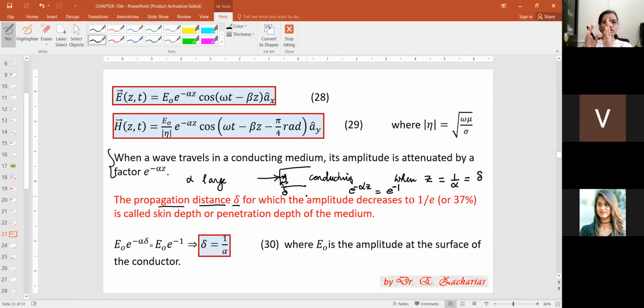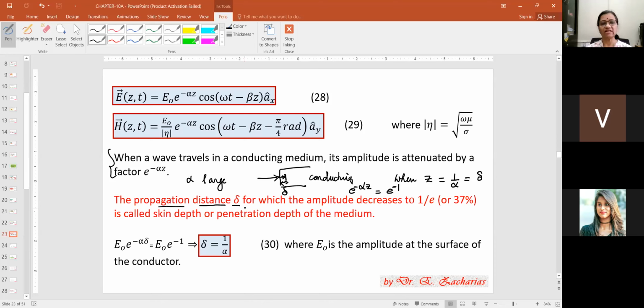So when you have a block of conductor and allow a wave to enter, it will lose its amplitude to 1 by e once it has gone through a distance z equal to 1 by alpha, called delta, the propagation distance. So what is the meaning of propagation distance?